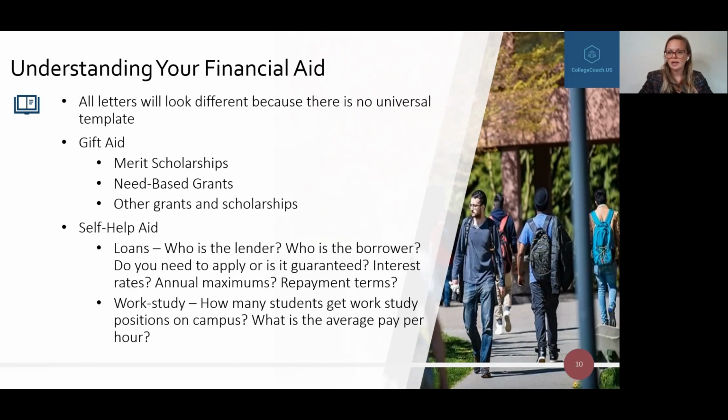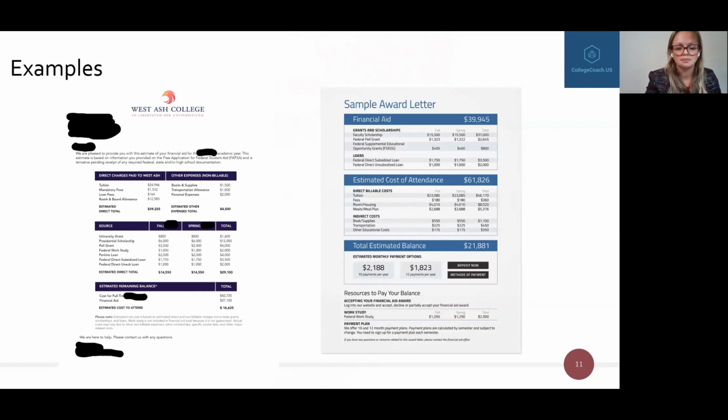And then you need to find out what is the average pay per hour, because they can give you, say, $6,000, but if they pay minimum wage and you're not allowed to work more than 5 or 10 hours a week, are you actually going to be able to get that whole fund? So those are some of the questions you might want to consider.